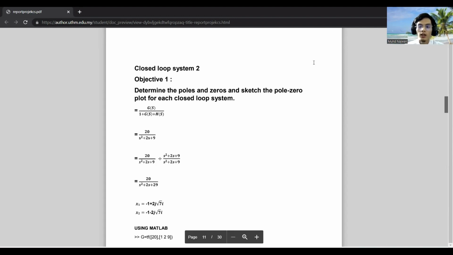From this equation, we can find x1 and x2 using the quadratic formula, where x1 is -1 plus 2j, 7i, and x2 is -1 minus 2j, 7i.